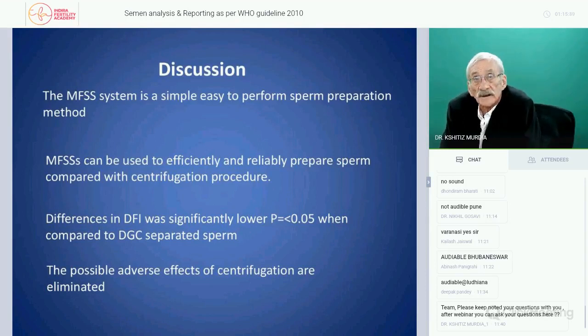And you also eliminate the adverse effect of centrifugation in the double density gradient, or any method used in the past, such as the double wash swim-up, migration, sedimentation. All these methods introduce centrifugation, which according to David Mortimer is very detrimental to the sperm, while the microfluidic system does not include centrifugation. It's a normal separation of motile sperm.